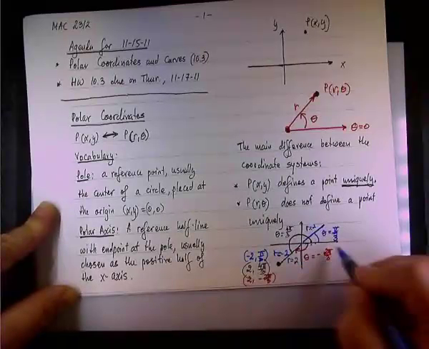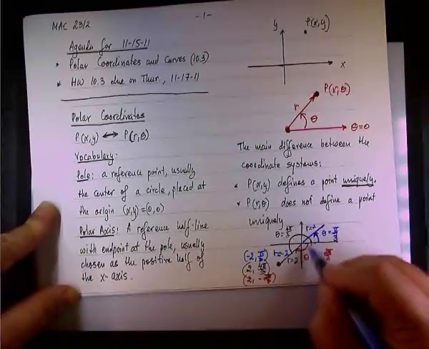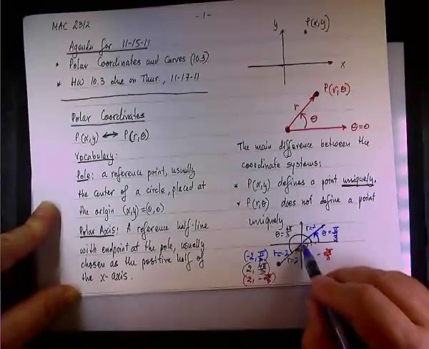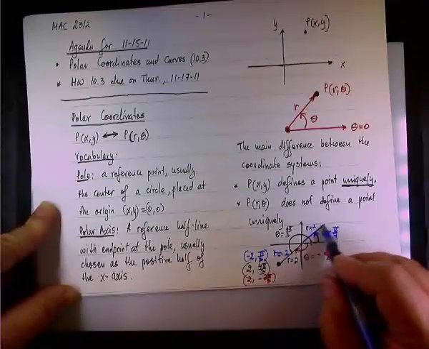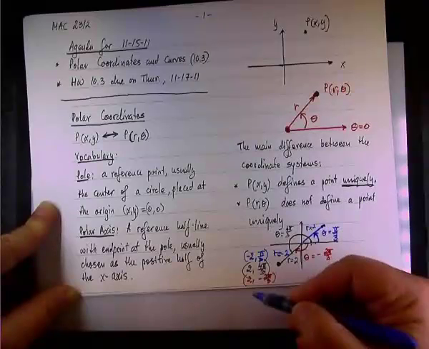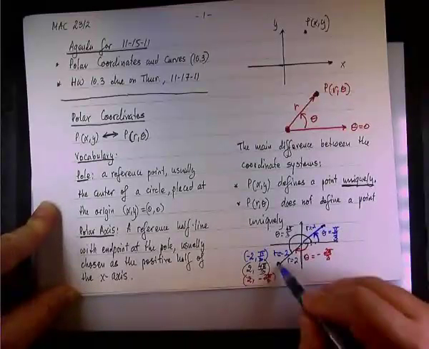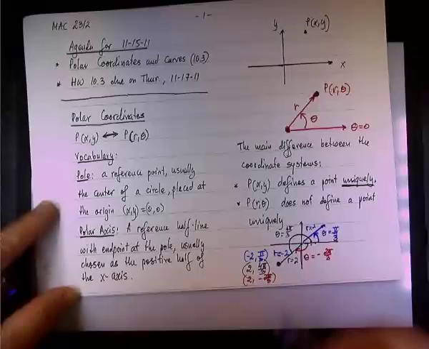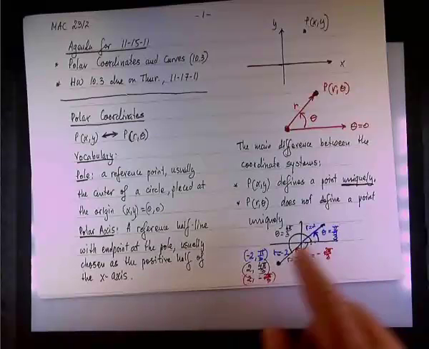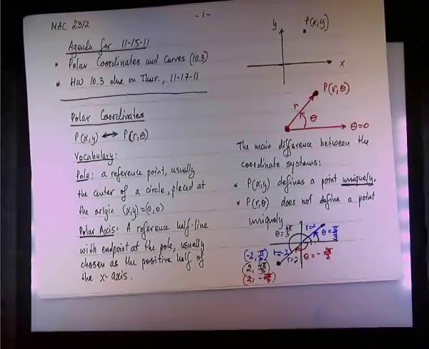So another way to express this point would be negative 2 and positive pi over 3. So we go only pi over 3, but instead of going forward with r from the pole, 2 units in the direction of pi over 3, we go backward in reverse, and we come up with the same position. So here is one point expressed in 3 different ways using polar coordinates.